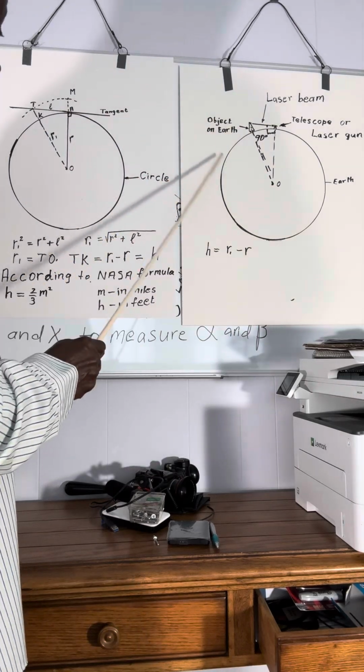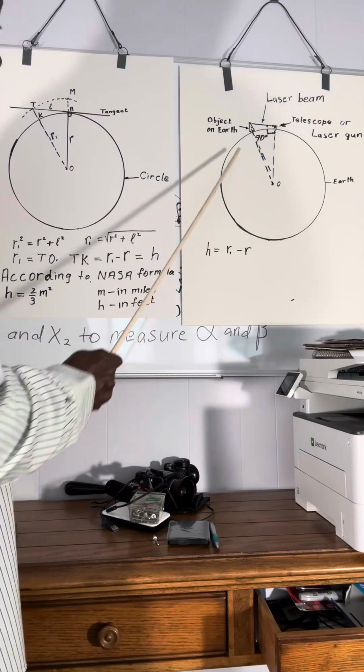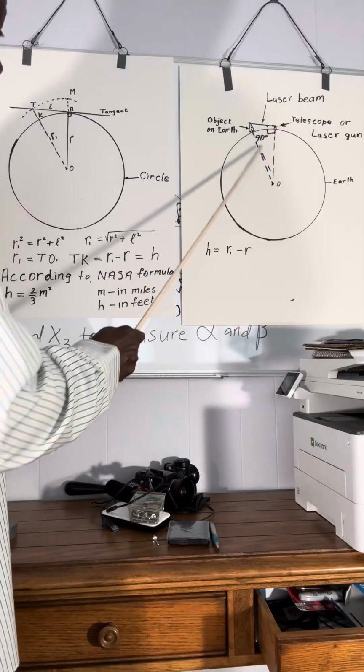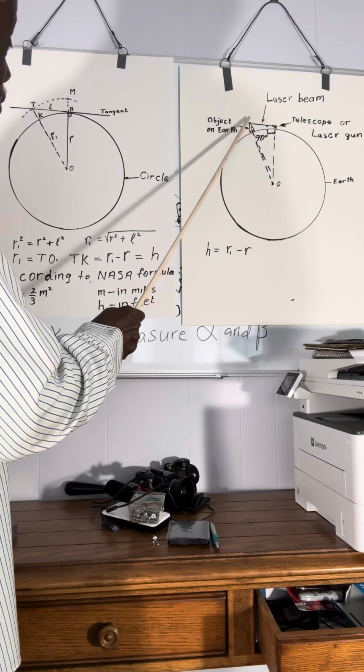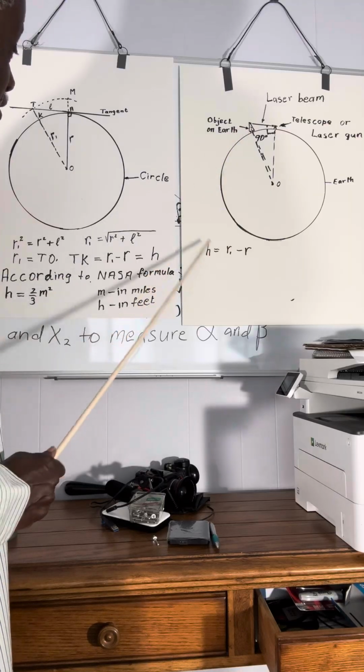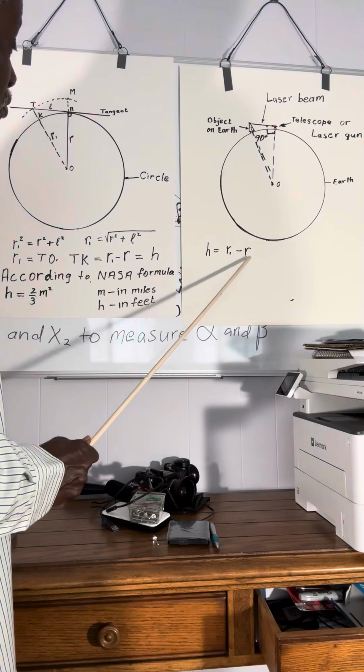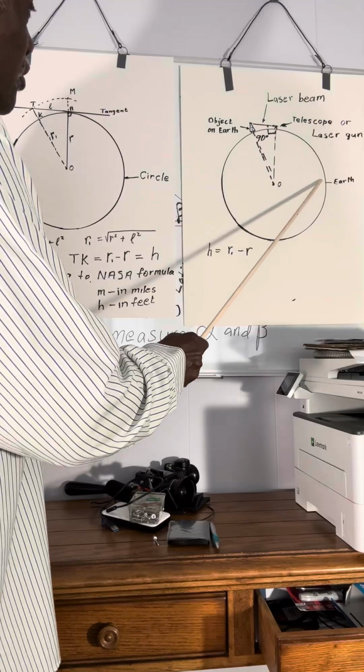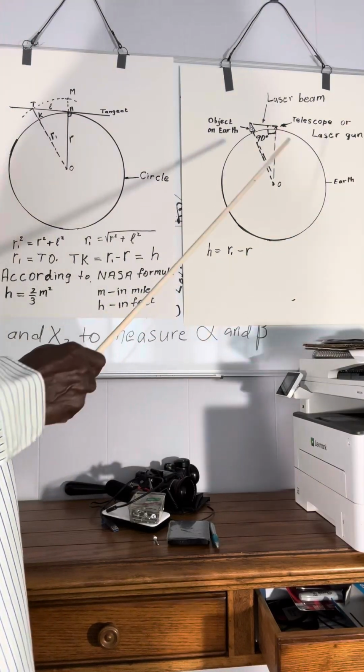And as you can see, H is how much an object will drop below the horizon. This is H. It's R1 minus R2. This is the circle of the Earth.